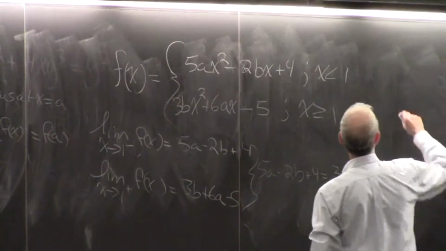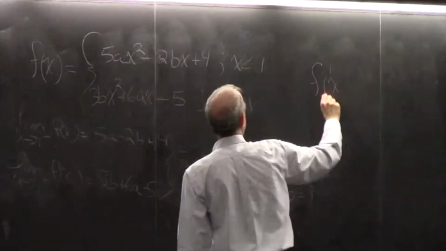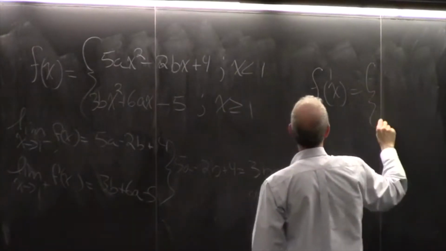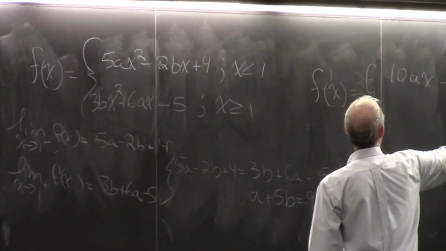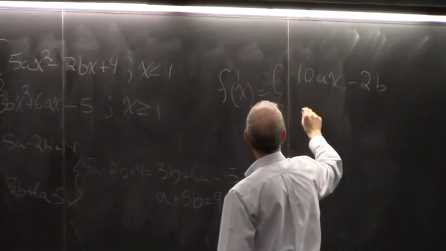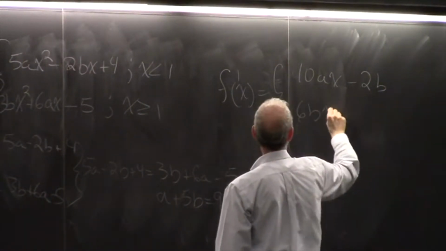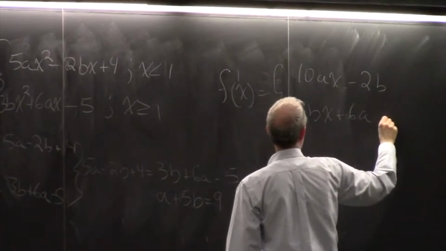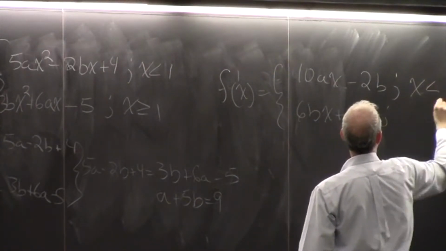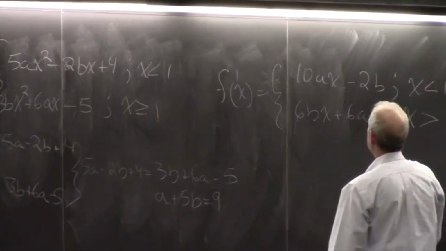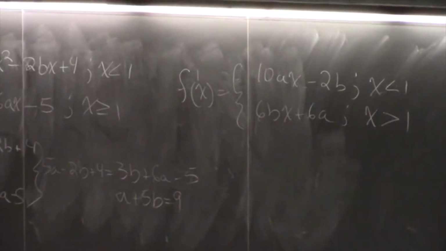So you take the derivative, and the upper branch is 10ax minus 2b, and the lower branch is 6bx plus 6a. And they must also match.